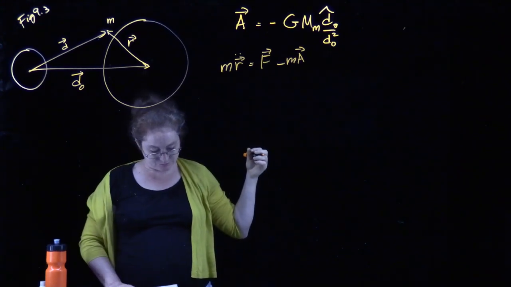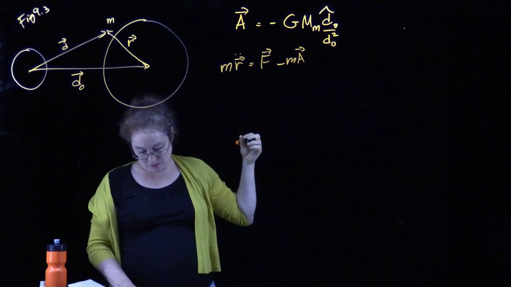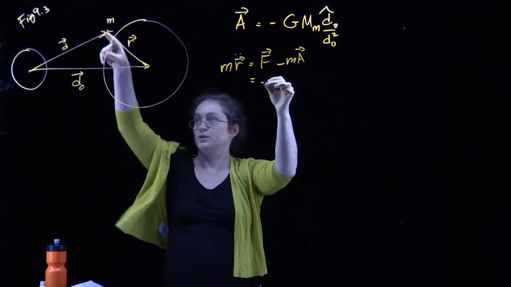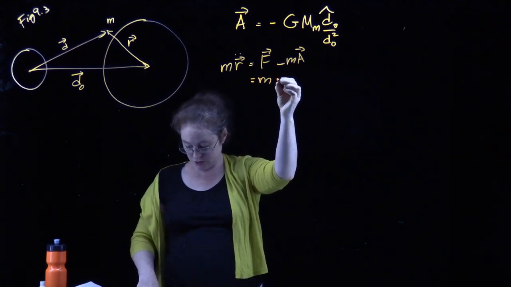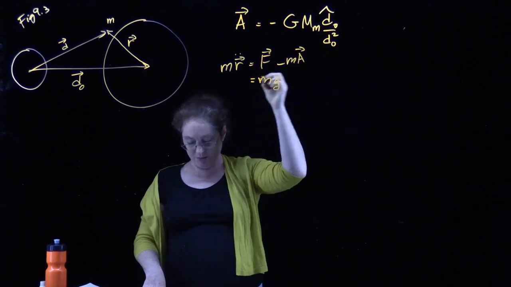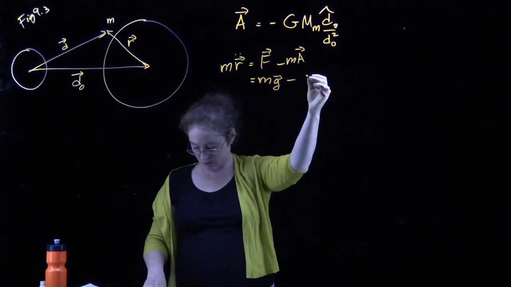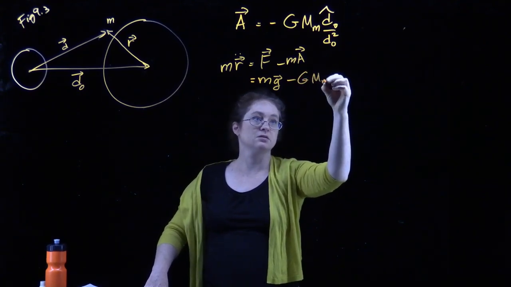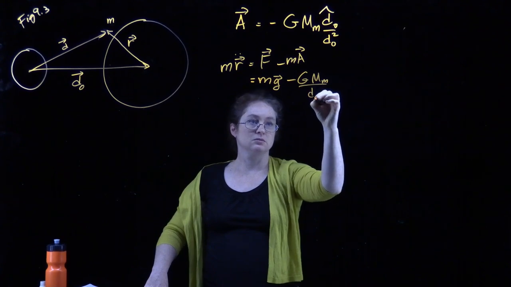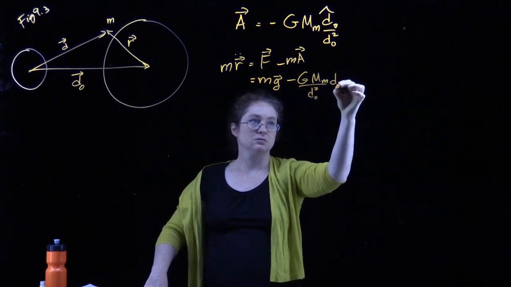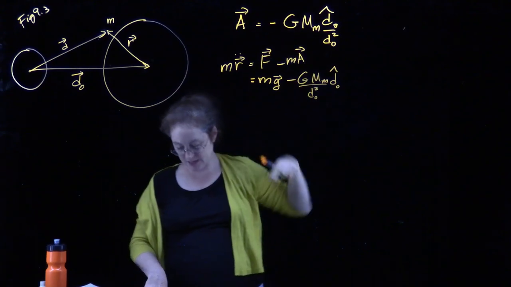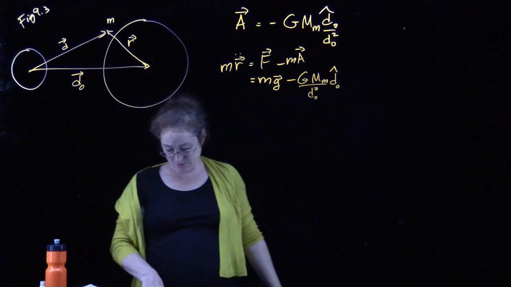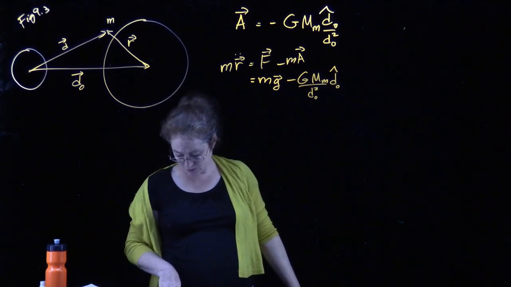And then, for this chunk, mg minus this. d naught hat is just a unit vector in the direction of d naught.